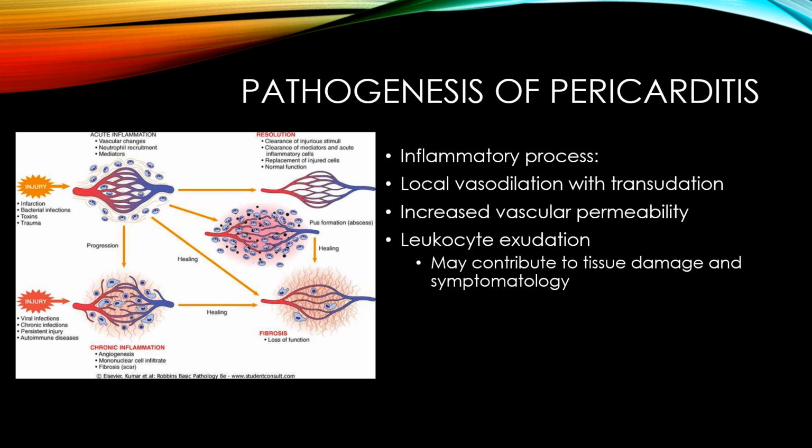So hopefully, if it can be contained, it can actually get complete resolution, which you can see over here, which would be nice. Sometimes, though, if it's an ongoing inflammatory process, it can ultimately lead to fibrosis and scarring, which you can see down here. And then lastly, this chronic, prolonged infectious process ultimately causes damage and sometimes even loss of blood vessels and stiffening.